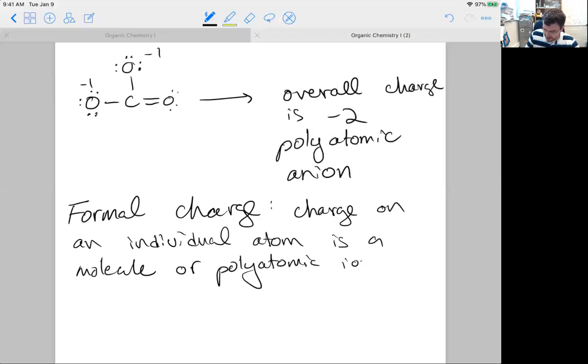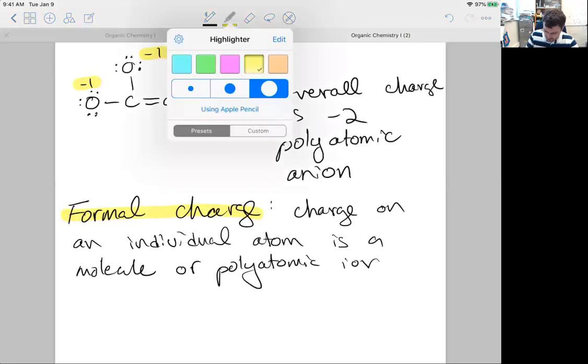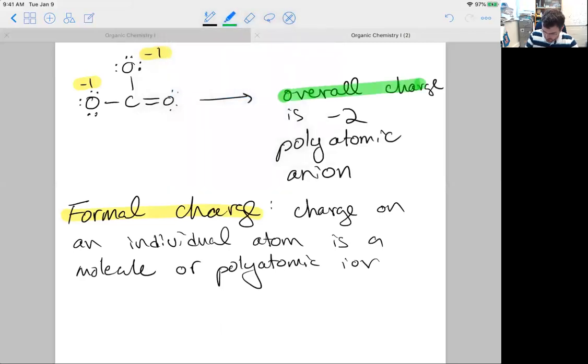It's the same in either case. So the formal charge, that's that same definition from the first slide, is going to be these negative ones. It's not the -2. The -2 is the overall charge. But on those individual oxygen atoms, we have a -1 charge.